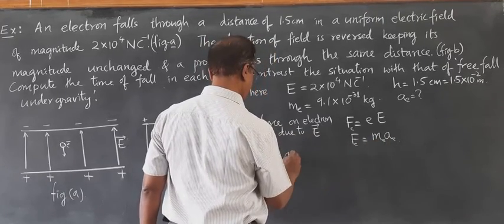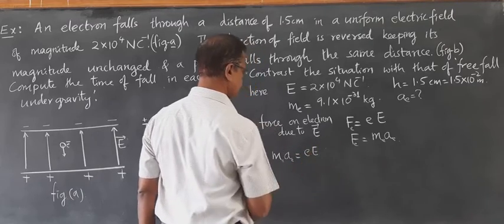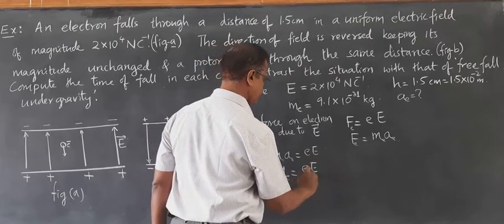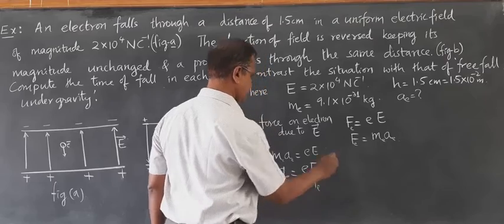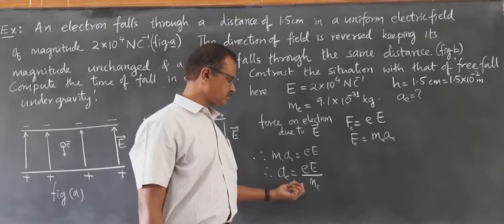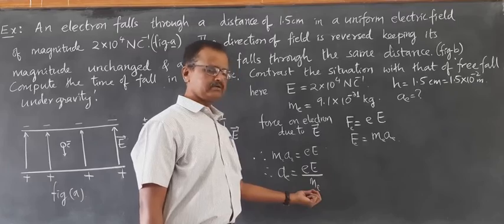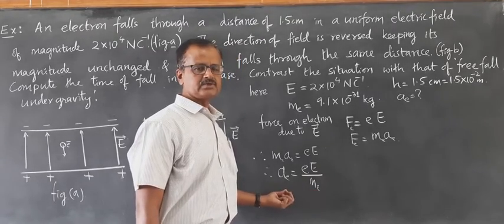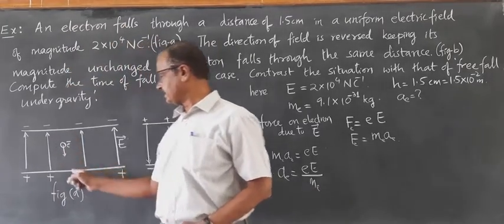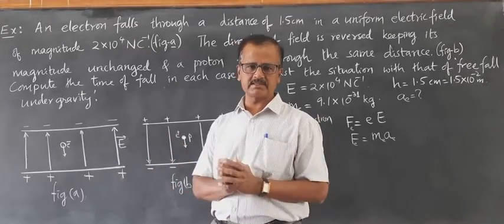So m_e a_e is equal to eE. Therefore, a_e is equal to eE divided by mass of electron. By just substituting charge of electron, electric field and mass of the electron, we will be able to calculate acceleration of the electron. Since electric field is uniform, acceleration is also constant. It's going to be uniform acceleration.